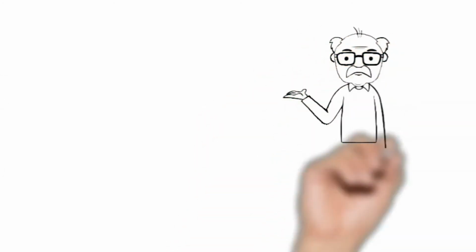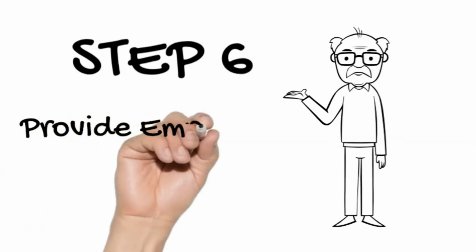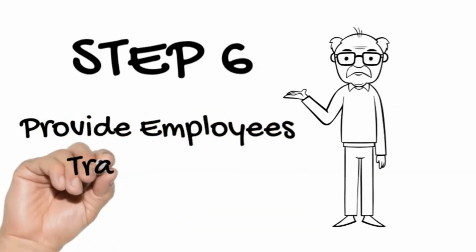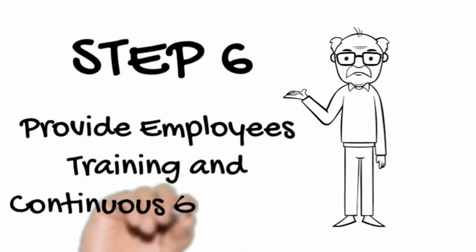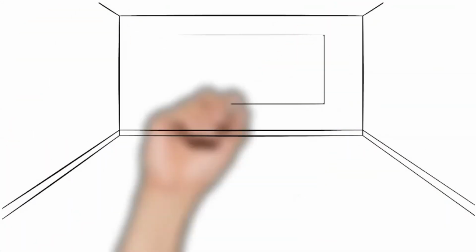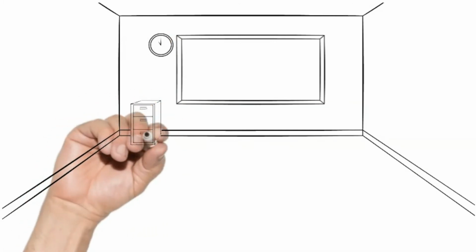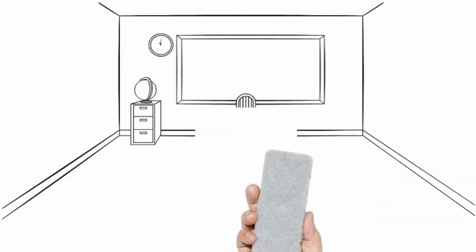Once you've established communication and developed controls in association with your line managers, step 6 says, provide employees training and continuous guidance. Once an organization understands the circumstances in which data is moved, user training can often mitigate the risk of accidental data loss by insiders. Employees often don't recognize that their own actions can result in data loss and many times will self-correct when educated.